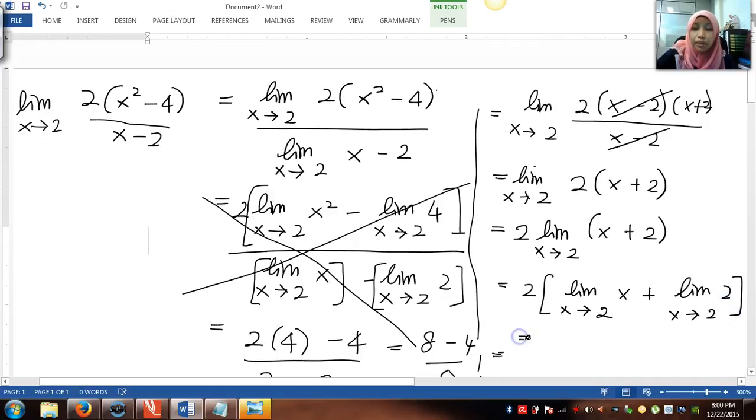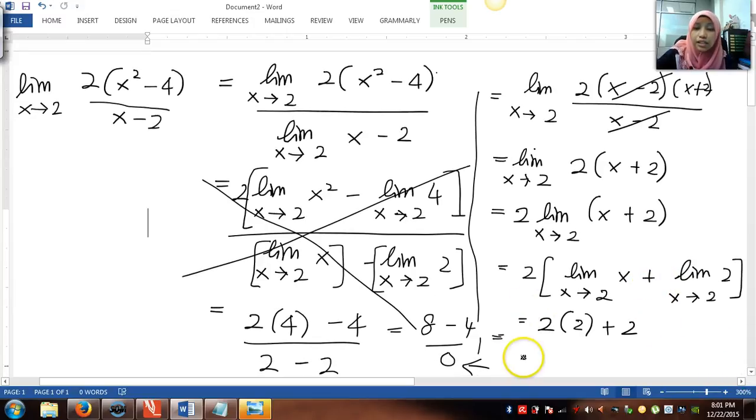Alright, so we substitute 2 into x, then we get 2 plus, this is a constant, so we get the constant back, so that we get 4 plus 2, then we get 6 there. So from this particular solution, we have to go back to the first step of the function. We have to remove the denominator of the function. Then we can get the limit of the function.